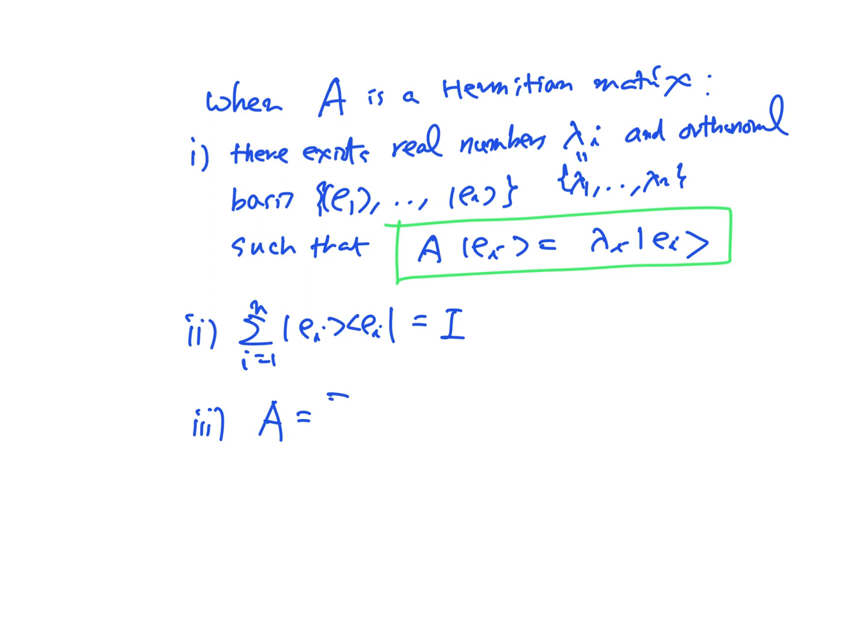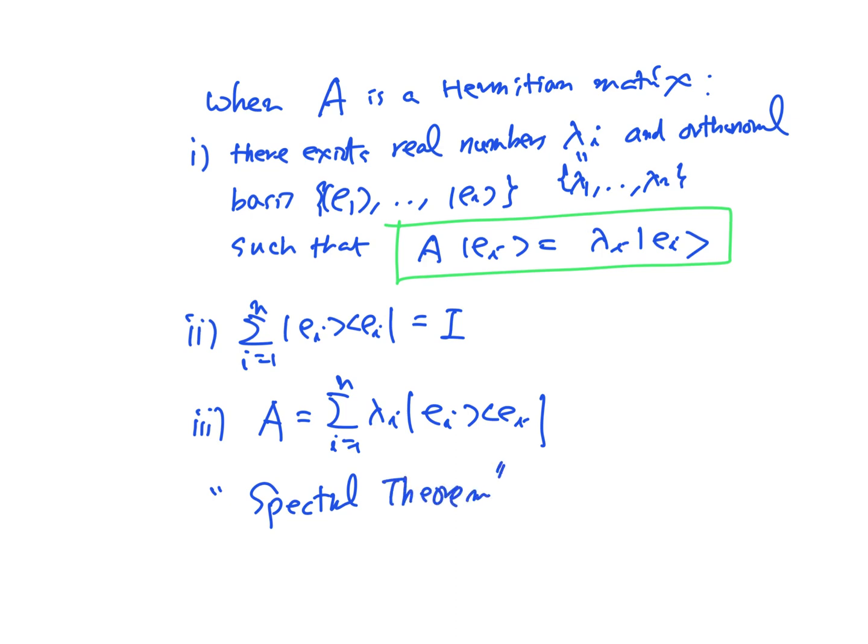A can be represented by the sum of lambda i times the outer product of Ei. This is called the spectral theorem. This statement is really important. It's related to the Hermitian matrix.